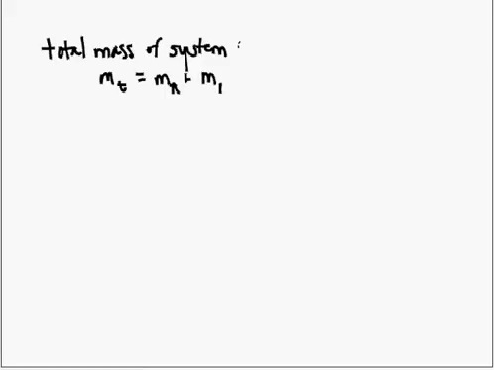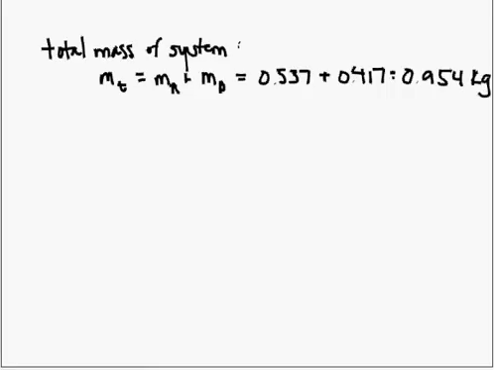So now we know that the total mass of our system, which, to remind you, we defined as the water in tank A plus the water in tank B. We're going to call this M sub T equals MA, the mass initially in tank A, plus the mass in tank B. So that is 0.537 plus 0.417 equals 0.954 kilograms.